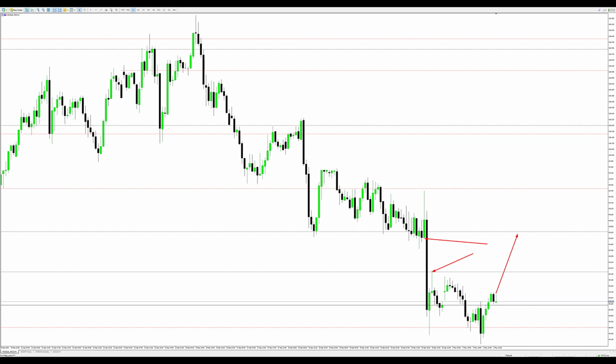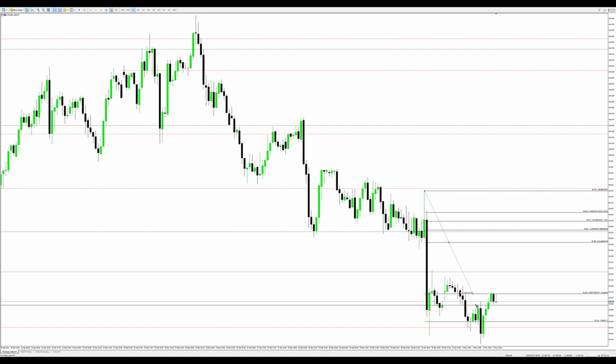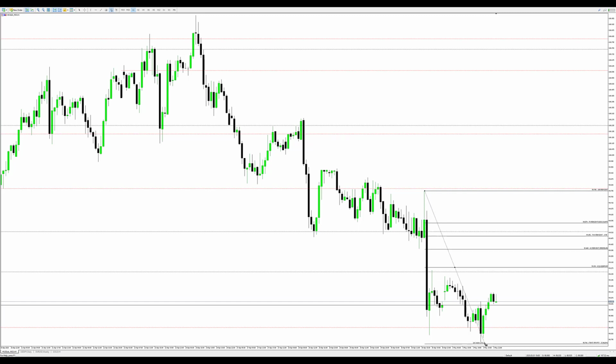And the way you can do that, right, we've got our swing high here, and then we've got our swing low. Then I'm gonna place my fibs from the high to the low, which is coming in here.